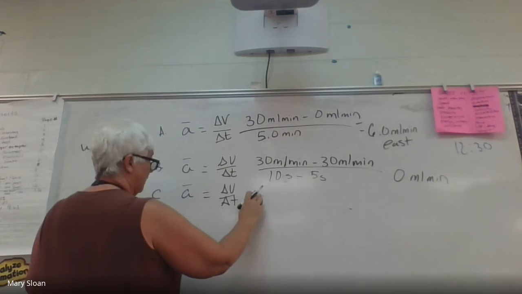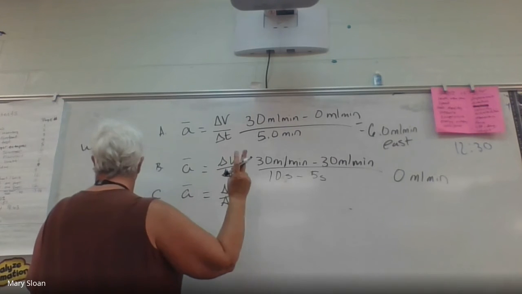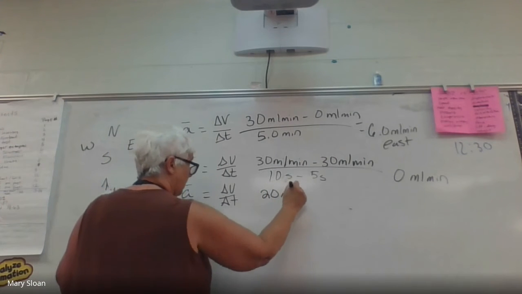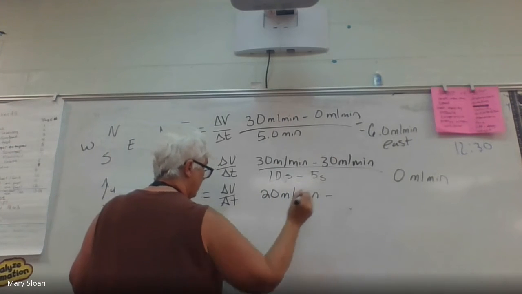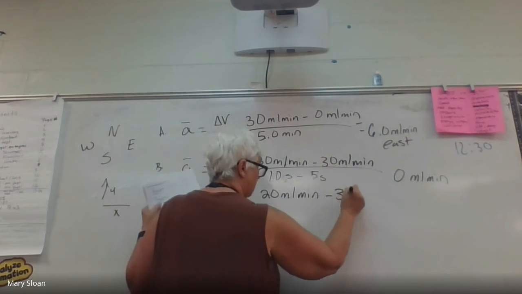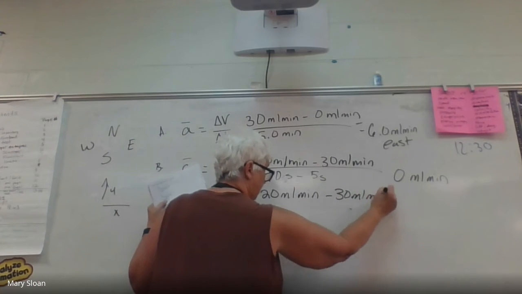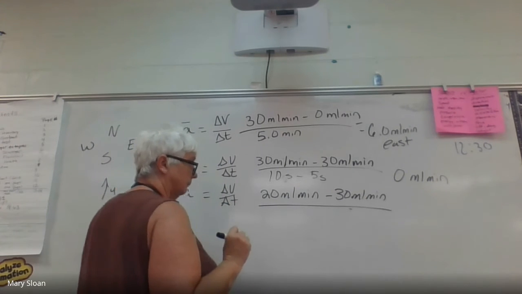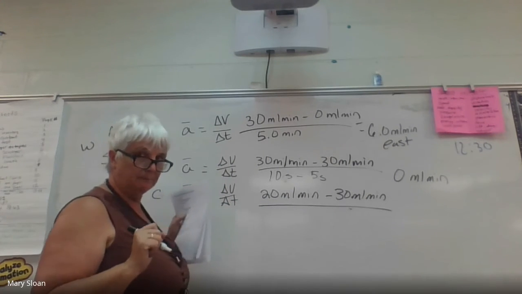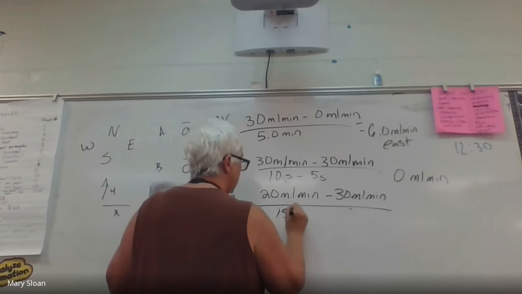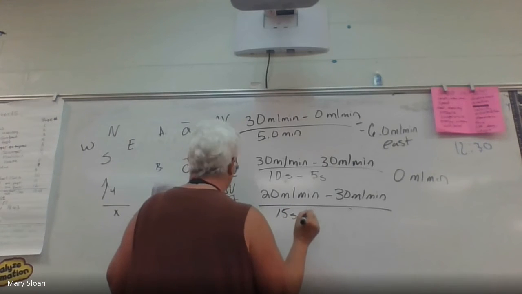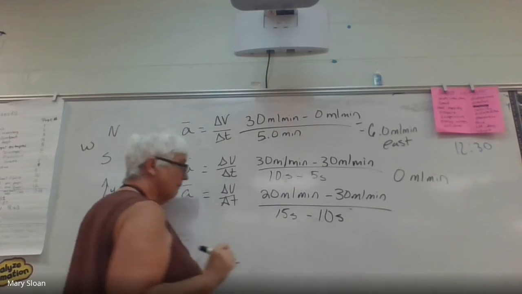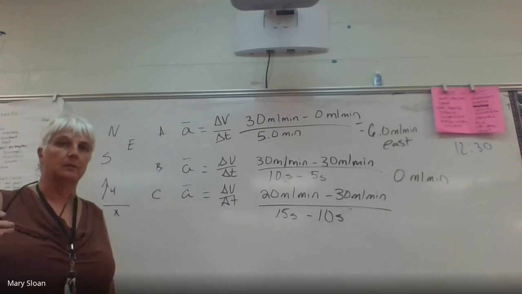What is my initial velocity? 20. Okay. And you're right about the final, which is 30, right, sir? Okay. What's my final time? 15 minus what, 5 or 10? 10. Okay. Put that in your calculator.